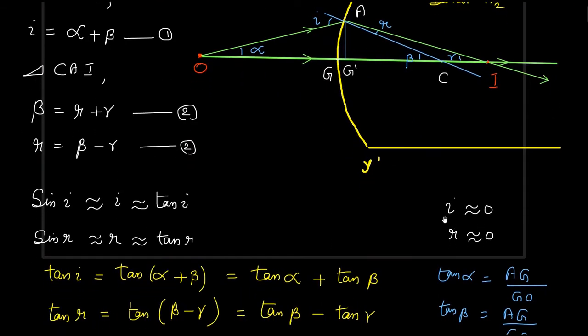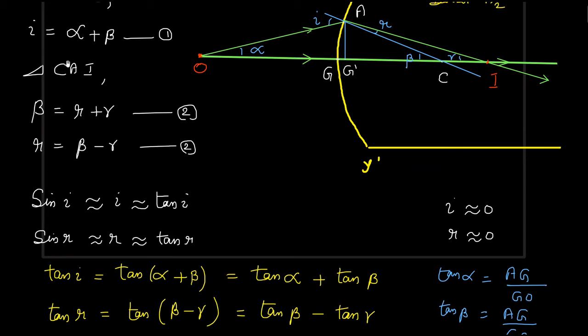i is approximately equal to 0, therefore r is also tending to 0. Using the small angle approximation, sin i is approximately equal to i, which is approximately equal to tan i. Sin r is approximately equal to r, that is nearly equal to tan r. So what is tan i?